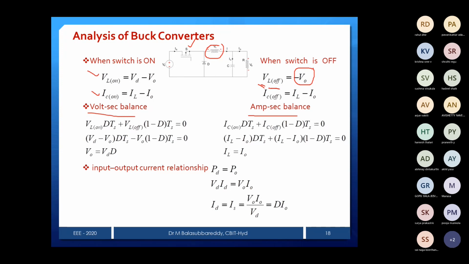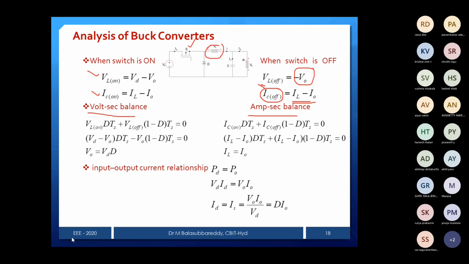And the current passing through the capacitor is again IL minus I0 only, because sudden changes will not be allowed immediately, since the inductor is placed here.